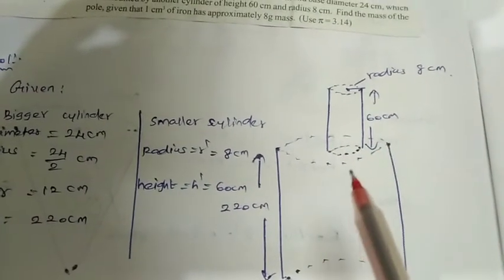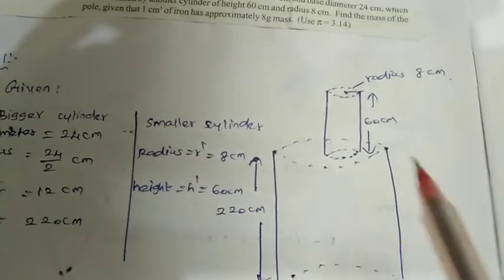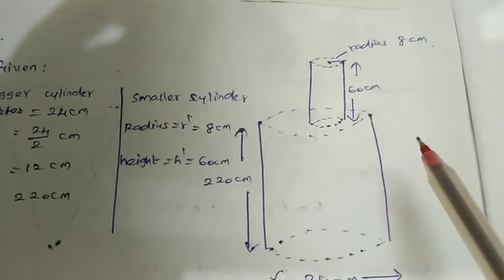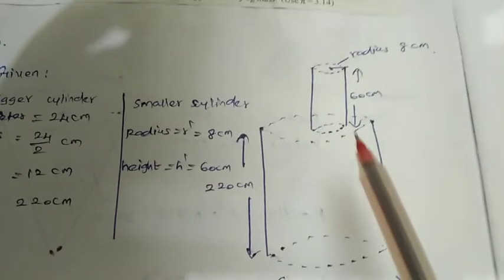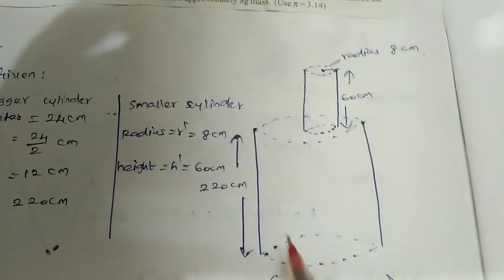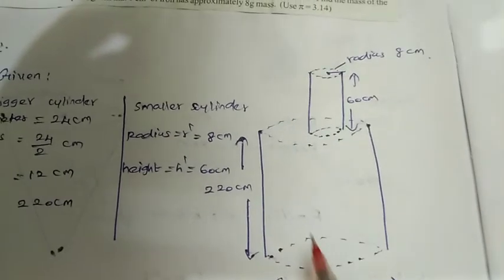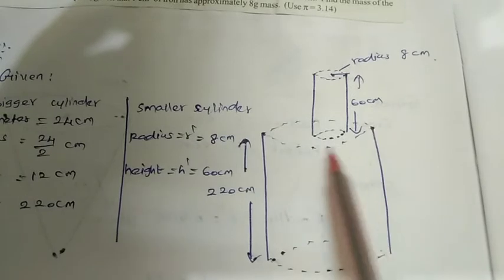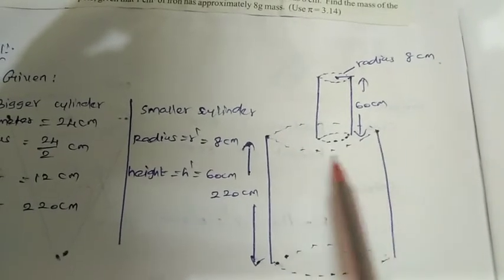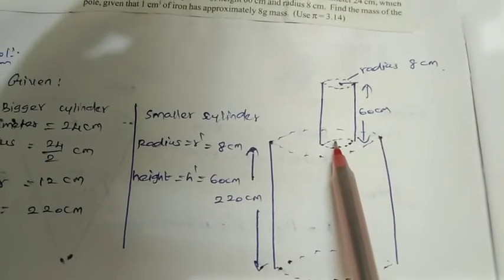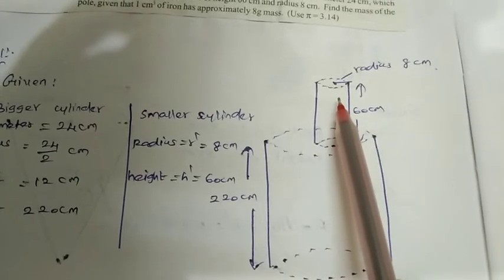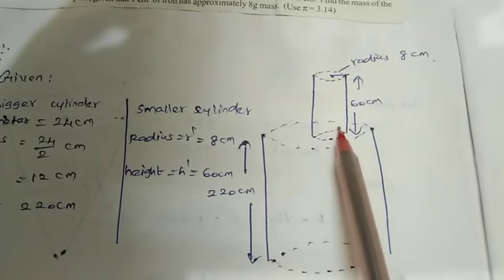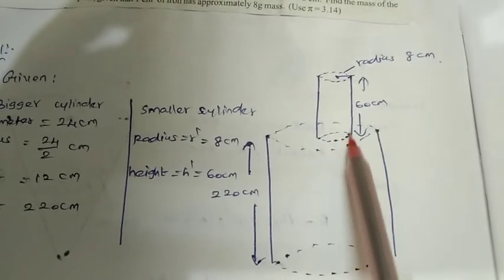The same way, if we want to find the total surface area, it is different, so for that we need to exclude certain parts. That is this base circle, this curved surface area, and the top is also a circle, but think about the common area between the smaller cylindrical part and the bigger cylindrical part, that is this circle.